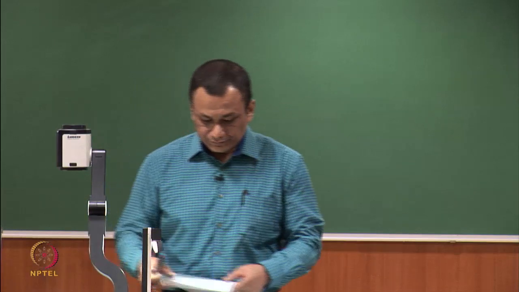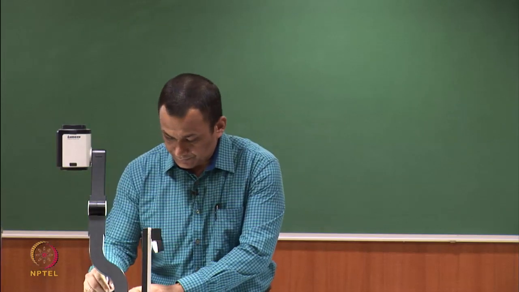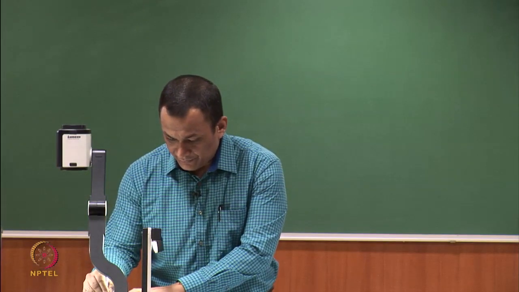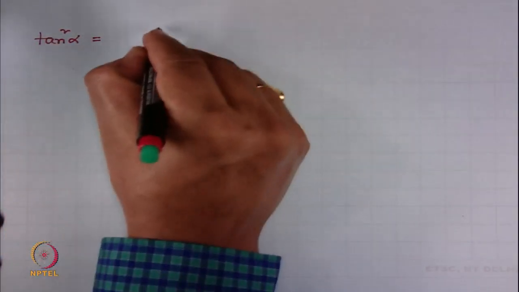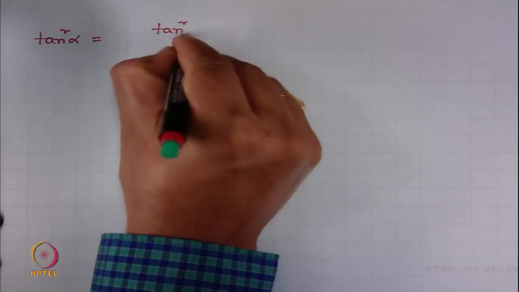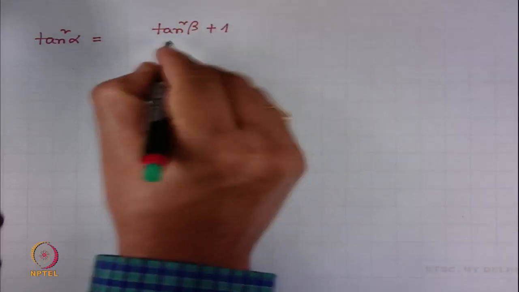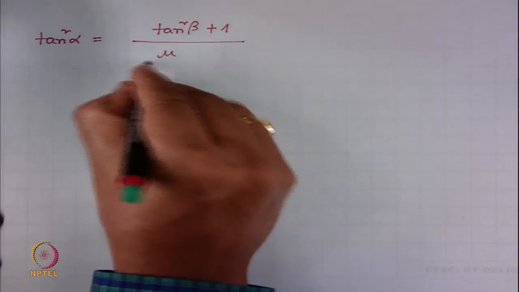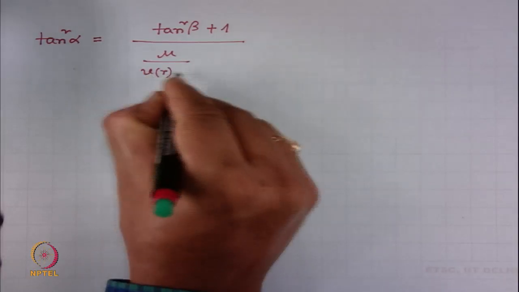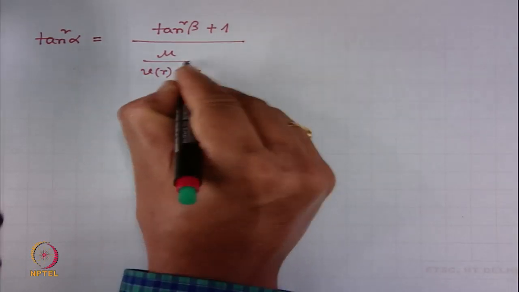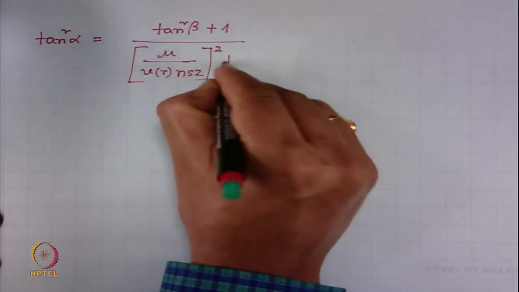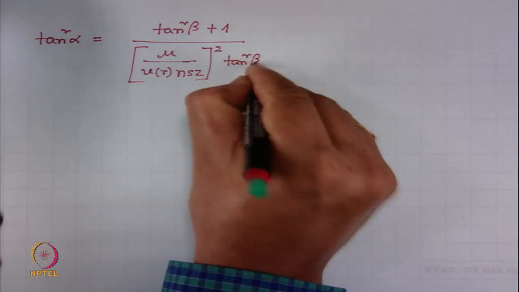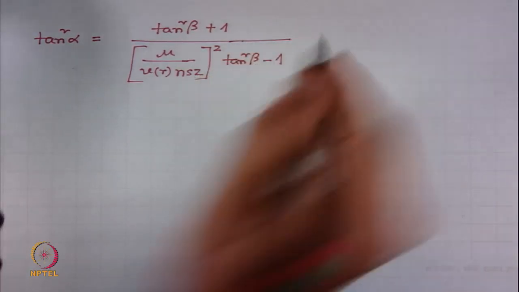So, if you remember the fundamental equation of radial fiber migration, mu nu r minus 1.